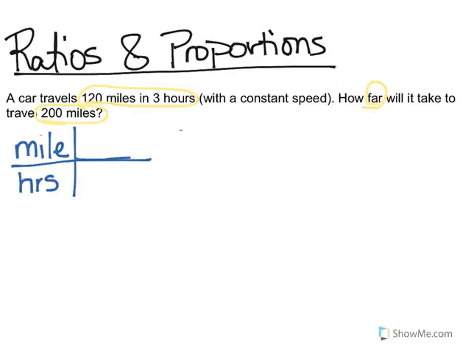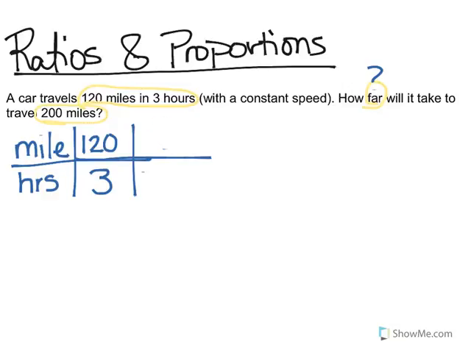And I'm going to draw a ratio table to help me. The first thing in the problem said 120 miles in 3 hours. My question said how far, which means I don't know my hours for 200. I think the typo should be how long it will take for 200 miles.